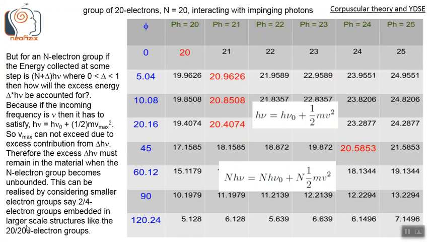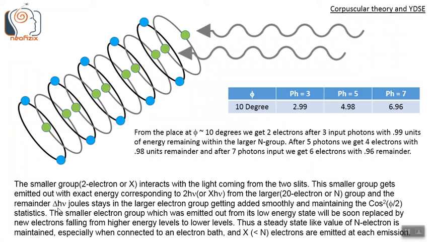a larger scale structure like 20 or 200 electron groups. So there are smaller electron groups embedded in a larger electron group. For example, assume there is a smaller group of 2 electron size, or X electrons, here in the first layer, which interacts with the incoming light from the 2 slits.